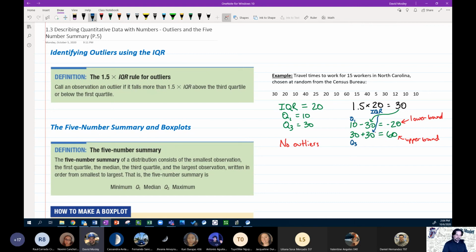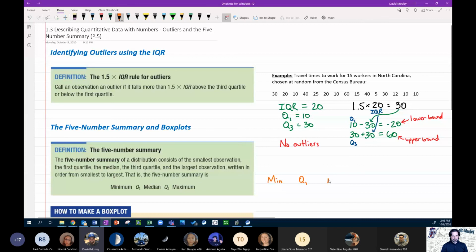All right, so next, the 5-number summary. The 5-number summary of a distribution consists of the smallest observation, first quartile, the median, third quartile, and the largest observation, written in order from smallest to largest. That is, the 5-number summary is minimum, Q1, median, Q3, and maximum. Lucky for us, we already have all these numbers for our example.